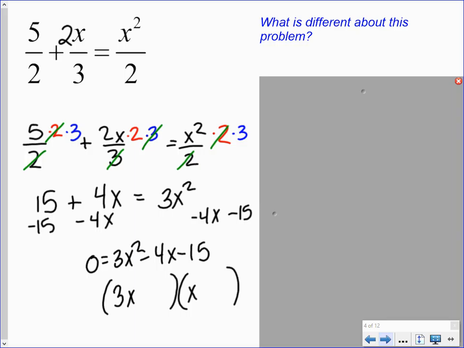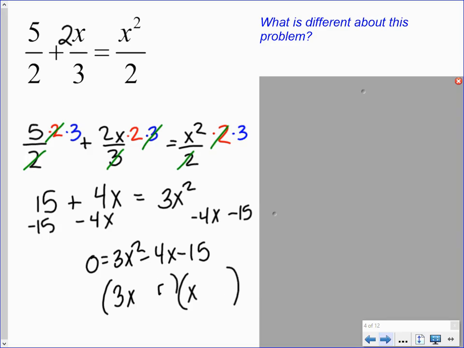What are some factors of 15? 3 and 5. So I'll just plug them in, 3 and 5, and I'll see if my outside and inside terms will work. 3 times 5 will give me 15. 3 times x will give me 3x. Will 15x and 3x make 4x? No. So I don't want a 3 and a 5 there.